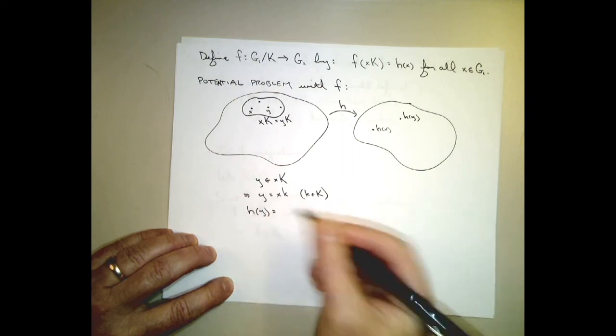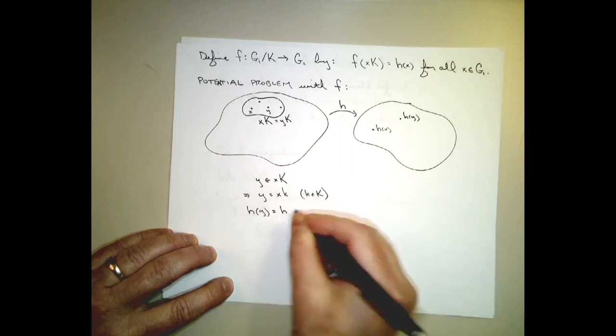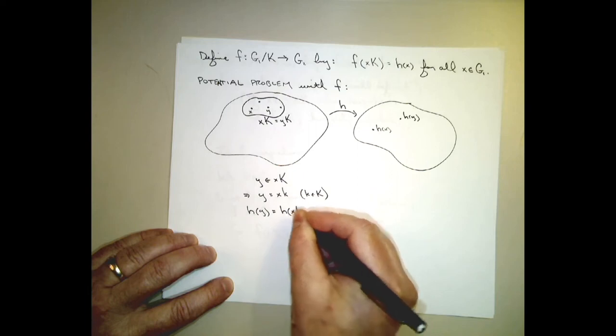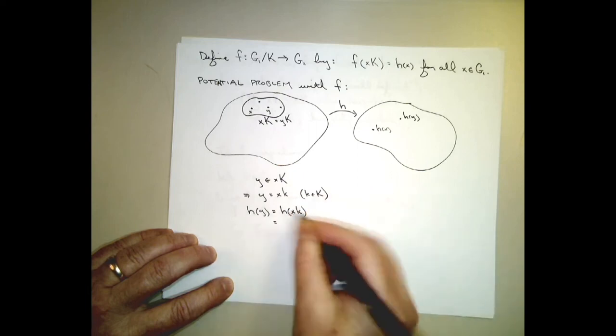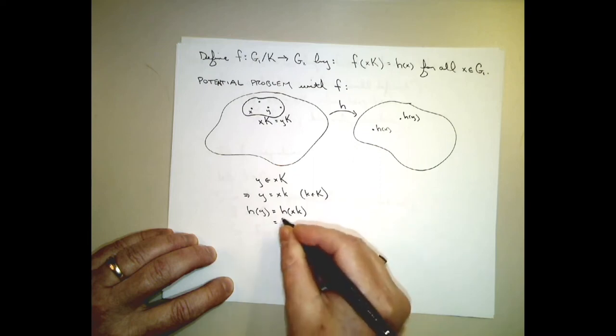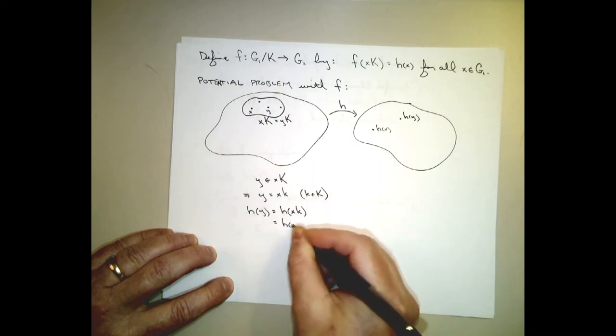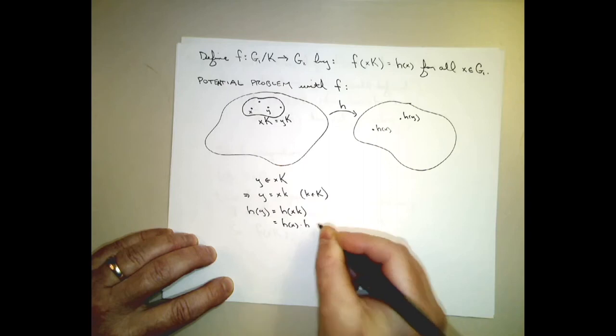Well, h of y is going to be h of this x times k. But remember, h is a homomorphism, so I could write this as h of x, h of k.